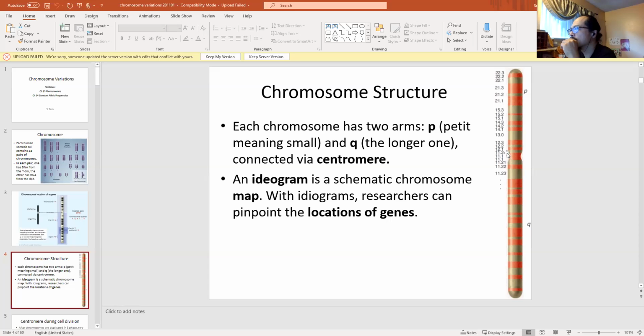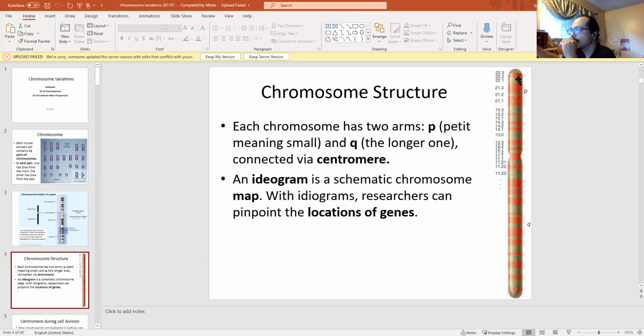So this is region 1, and then we have region 2, and from region 2 we can have band 1, region 2 band 1. So this is band 1, this is band 2, something like that.